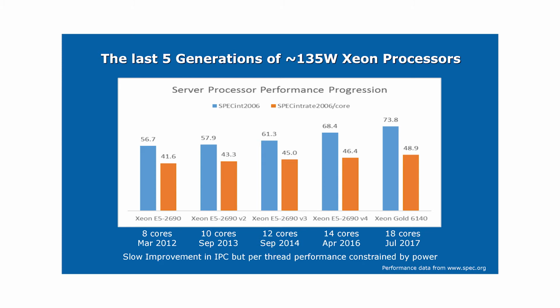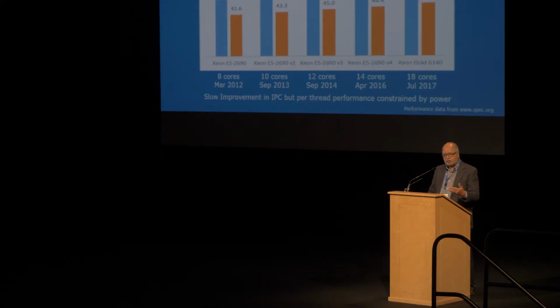But when you put multiple cores, starting with 8 with Sandy Bridge going to 18, the per-core performance, because we were power-constrained, did not go up that much. Okay? So when you're power-constrained, the per-core performance stays flat. Single core is slightly higher, but you're not going to use an 8-core server processor and run just one thread.